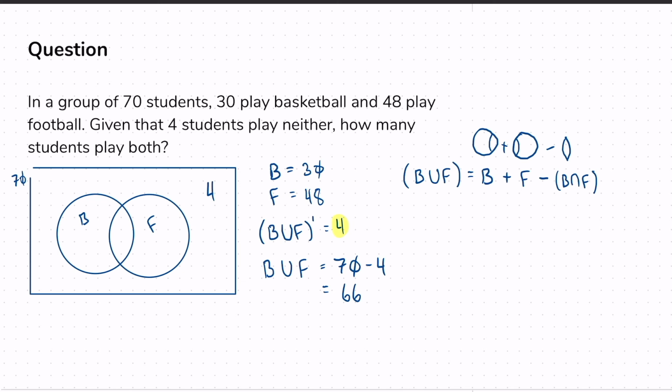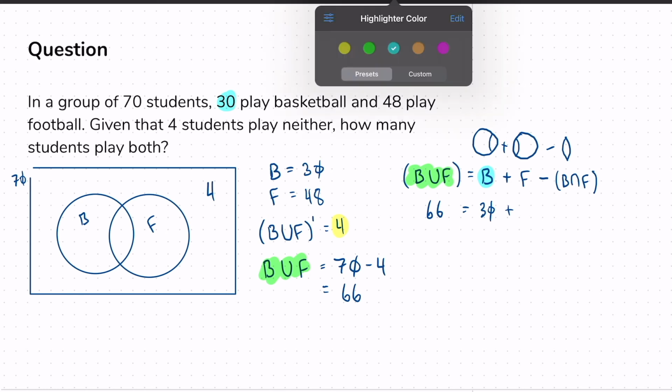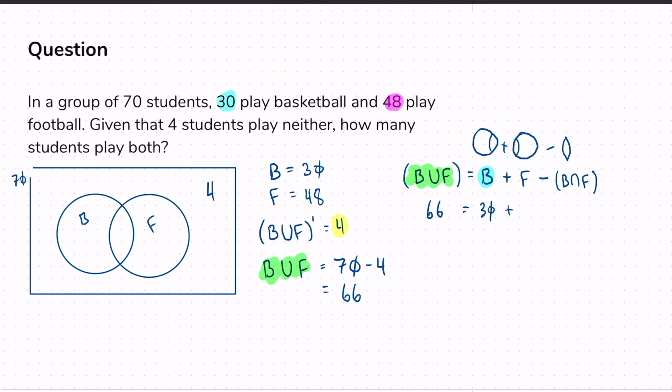Now let's do some substituting. We know that this is equal to this. 66 is equal to the people who play basketball, which is 30, plus the people who play football, that's 48, minus, well, this is what we're trying to figure out.